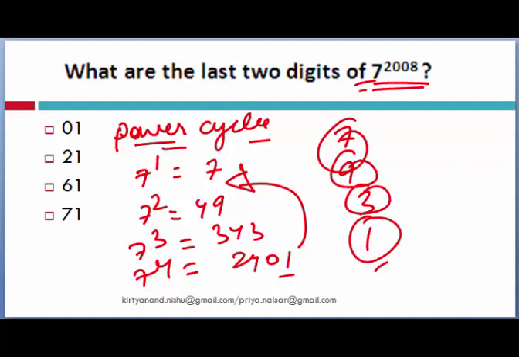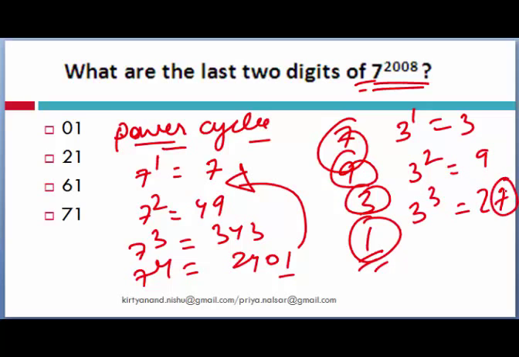Now see, any odd number, in its power cycle it always has this number 1. So let's say 3 raised to the power 2 is 9, 3 raised to the power 3 is 27, 3 raised to the power 4 is 81, so you get 1 in the end.